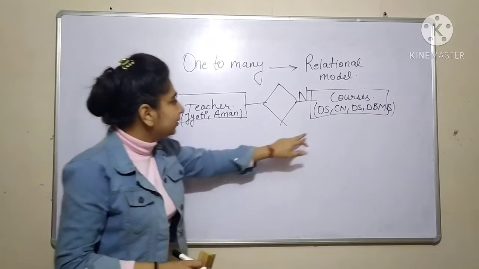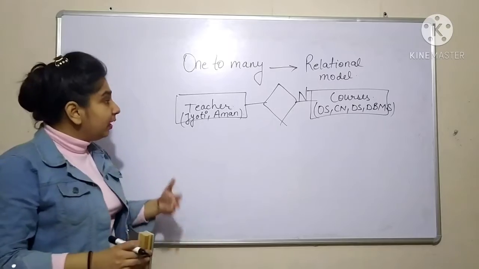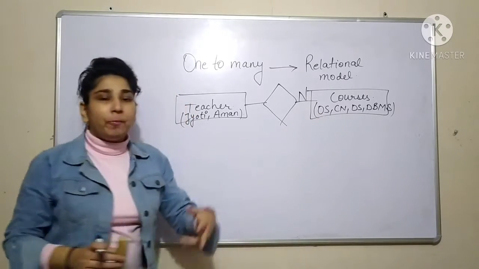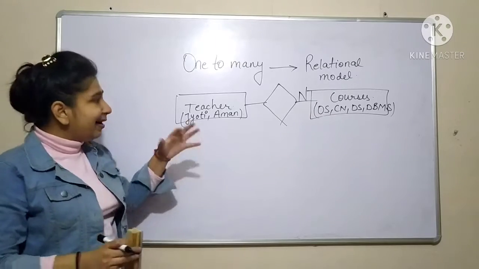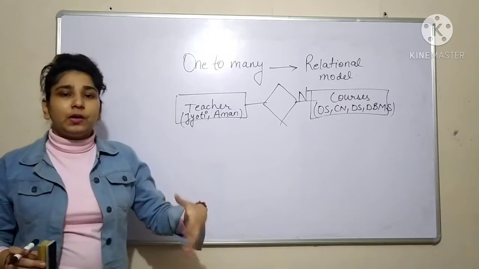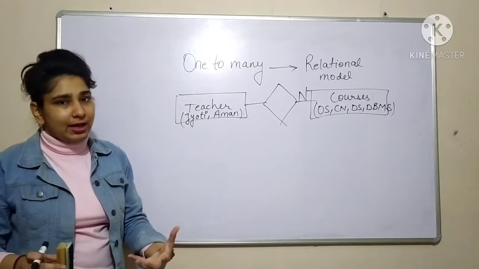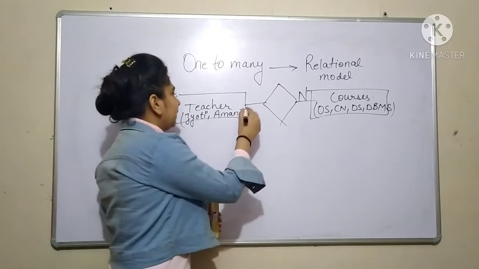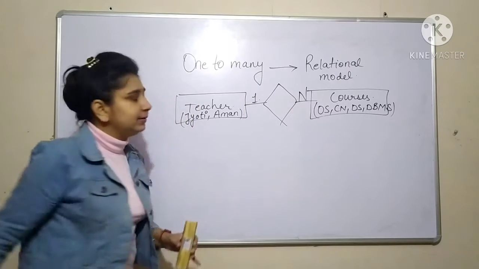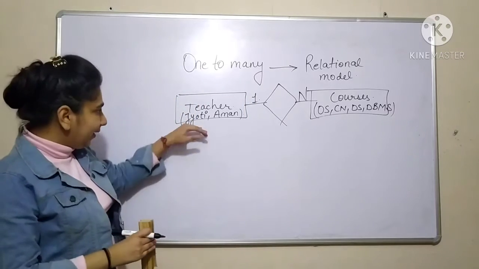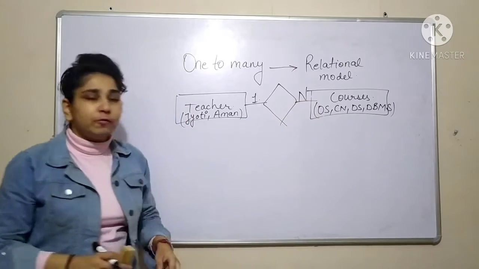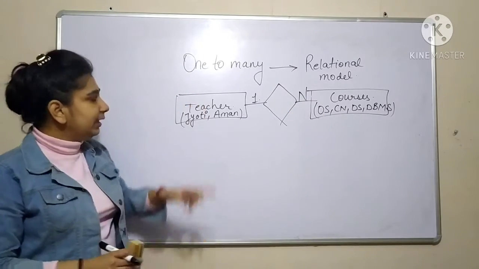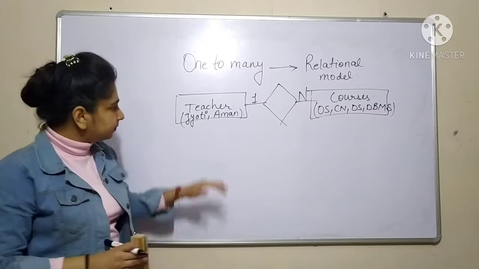If Jyoti is teaching operating system, then no other teacher like Aman would be teaching operating system. We are fixing one teacher for one particular subject. So for one course we have only one teacher.